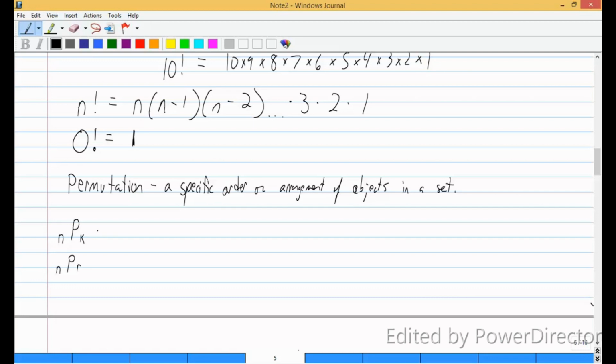So NPK is one way to write that. Your book writes it like this. It means the same thing. If you look at it in a Texas Instruments calculator, it's like this here, NPR. Again, means the same thing. So a permutation is equal to n factorial divided by n minus k factorial.